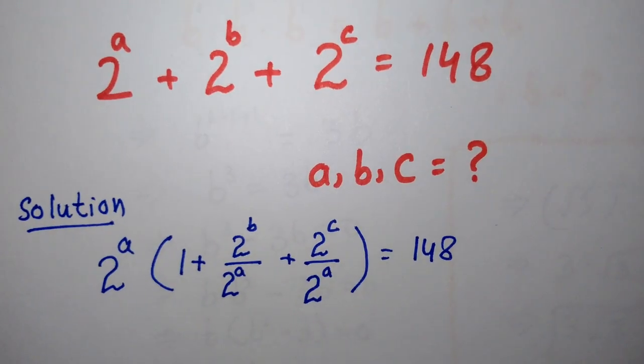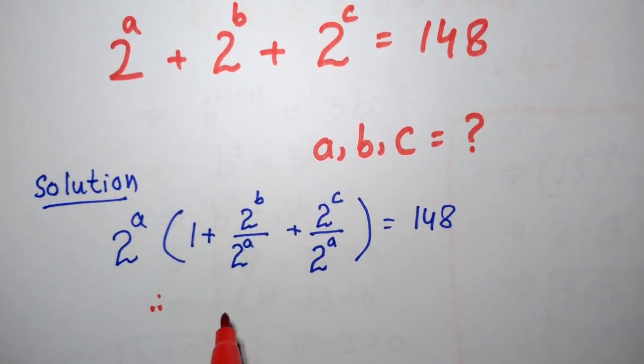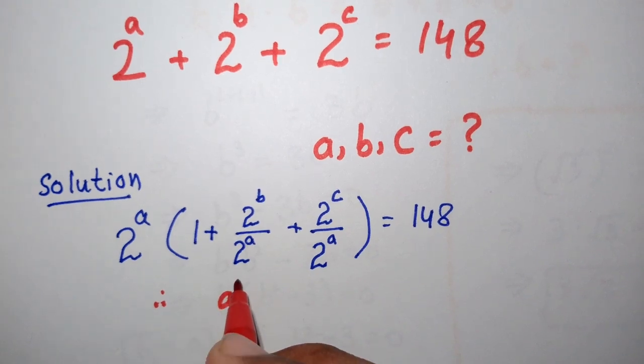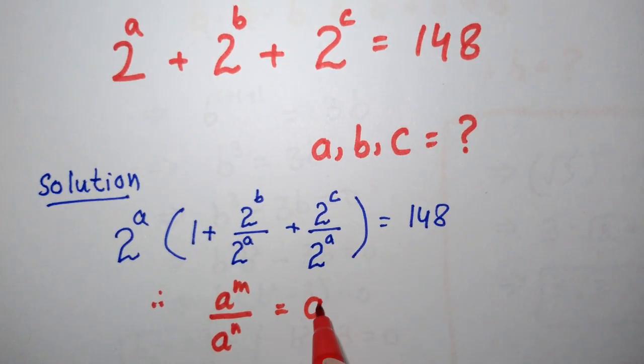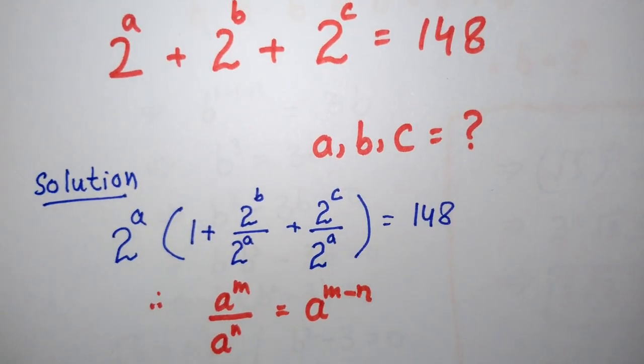Now we know that a to the power of m over a to the power of n is equal to a to the power of m minus n.